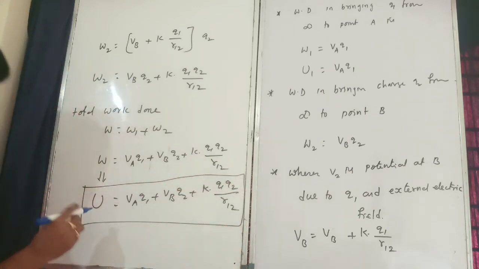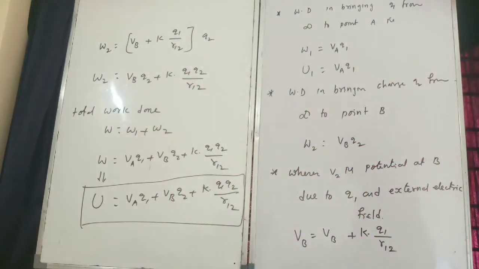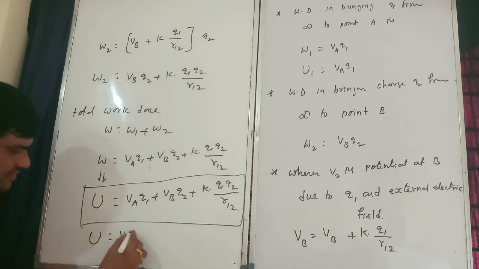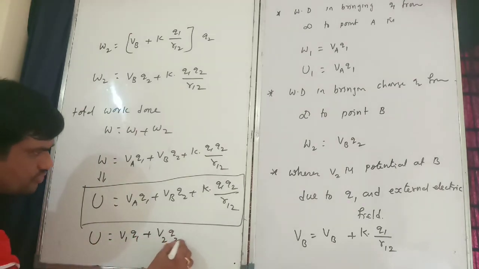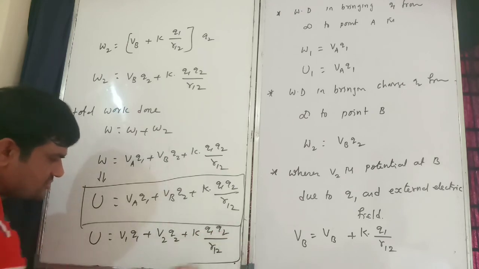This is the expression for potential energy of two point charges in the presence of an electric field. If I take VA equal to V1 and VB equal to V2, then V1 Q1 plus V2 Q2 plus K into Q1 Q2 by R12. So this one is also correct.